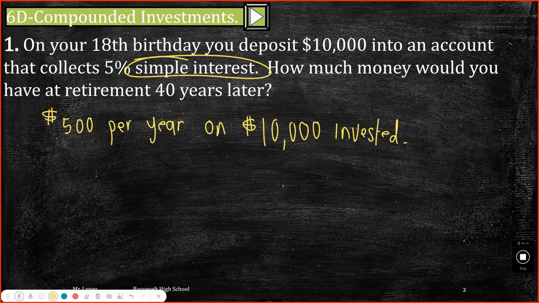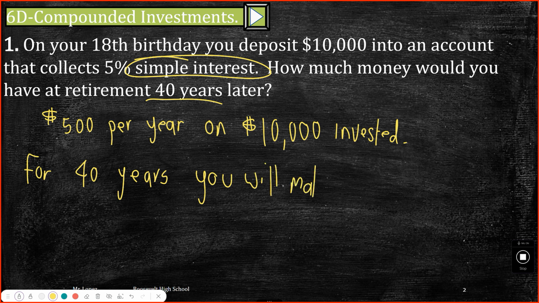So how many years are you investing it for? 40 years. So what are we going to do? 500 times 40. Then that's how much money you're going to make. So for 40 years, you will make 40 times 500.